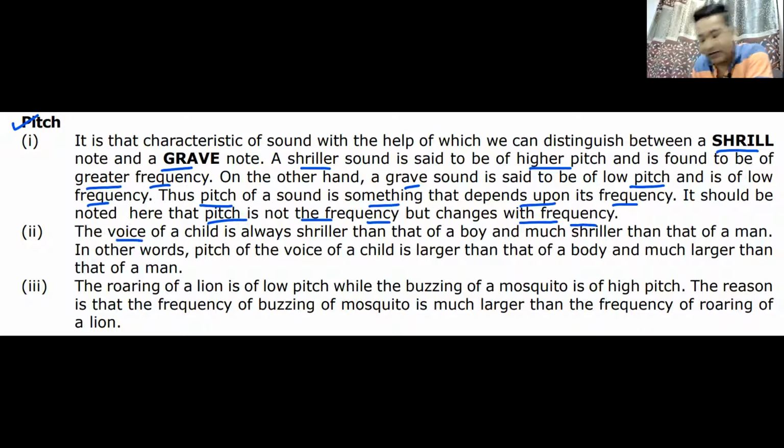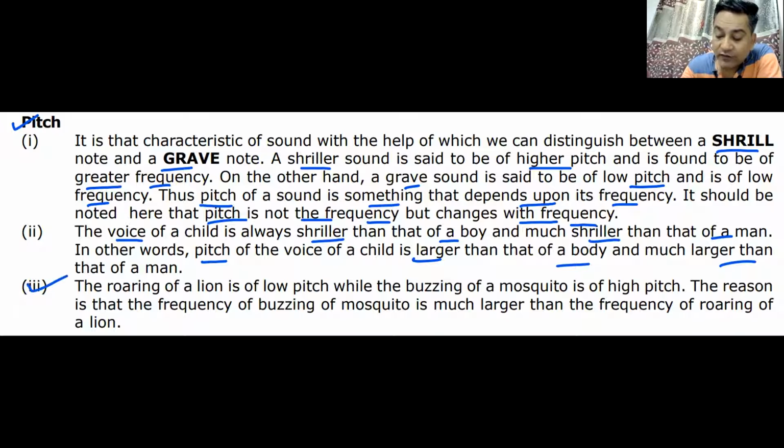The voice of a child is always shriller than that of a boy and much shriller than that of a man. In other words, the pitch at which my son speaks is very large compared to me, and it's very large compared to my father-in-law. That is how you can understand this.